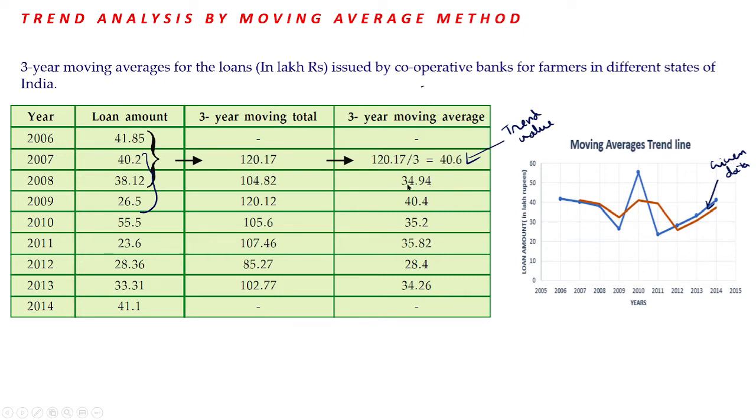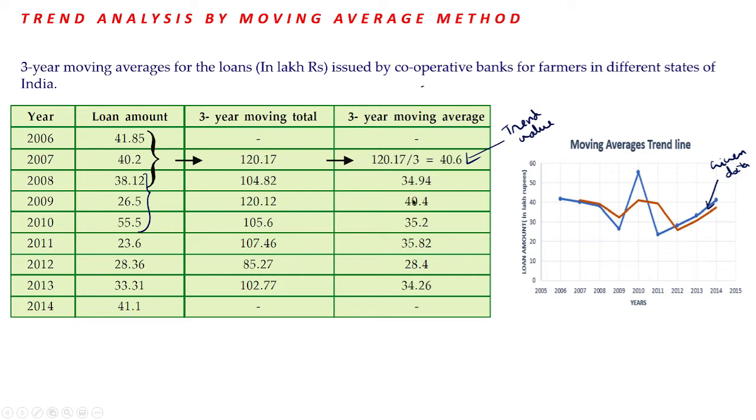So this is the next 3-year moving average. Like that we proceed, and then we add the next 3 years' data points and we write it here, and then we find the average of these 3 years' loan amounts, and we get it as 40.4. Like this we have to proceed until we reach the last year's value.